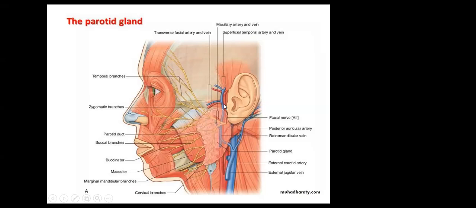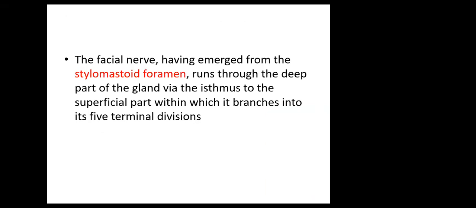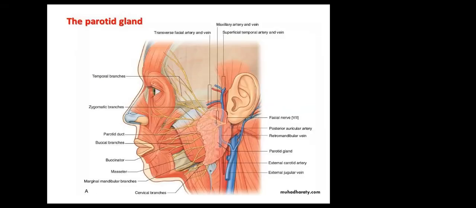With the confluence of the veins of the same name, the superficial temporal vein and maxillary vein unite to form the retromandibular vein. The retromandibular vein lies just superficial to the artery.